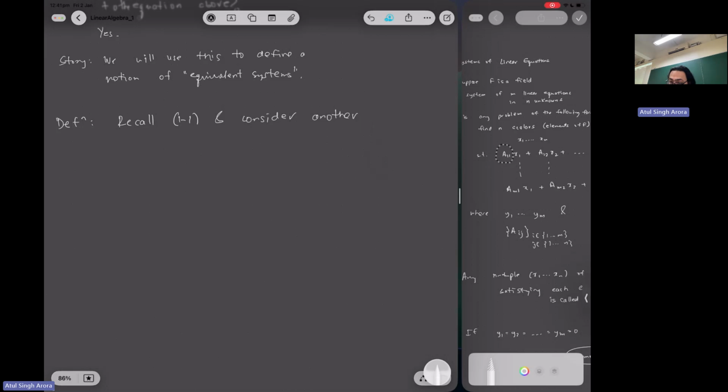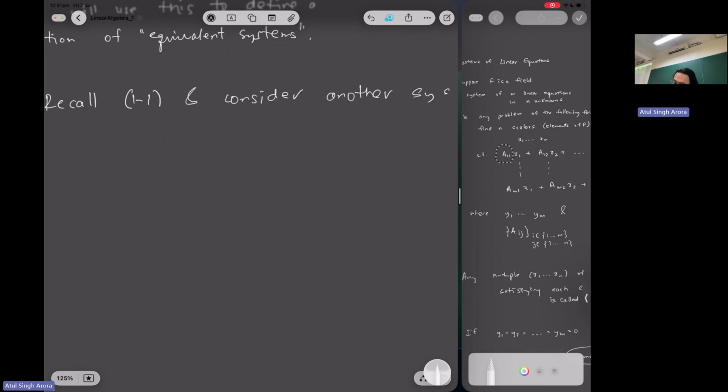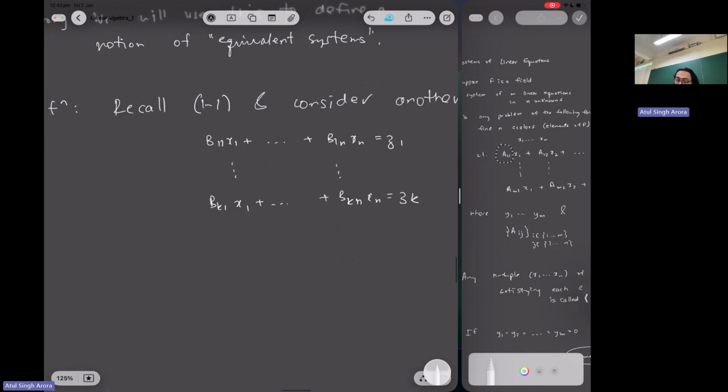So consider another system of equations. The other system of equations is b11 x1 plus up to b1n xn equals z1, and so on down to bk1 x1 plus up to bkn xn equals zk.